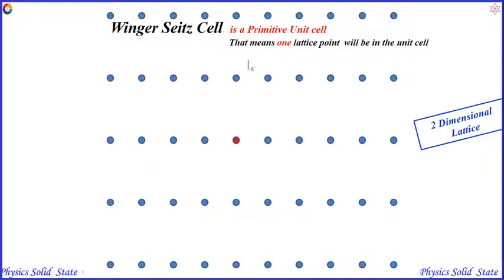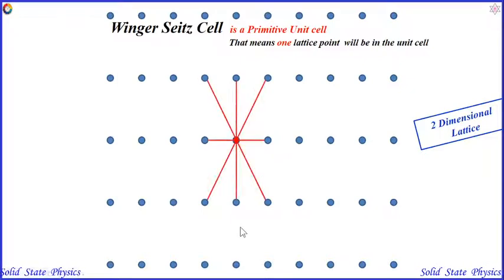This is the lattice formed by considering the X axis as half of the Y axis, or the Y axis as double the X axis. So according to the procedure, we have to consider an arbitrary point and join all the points nearby this point, like this. Then we have to draw the perpendicular normals one by one, which pass through the middle point.